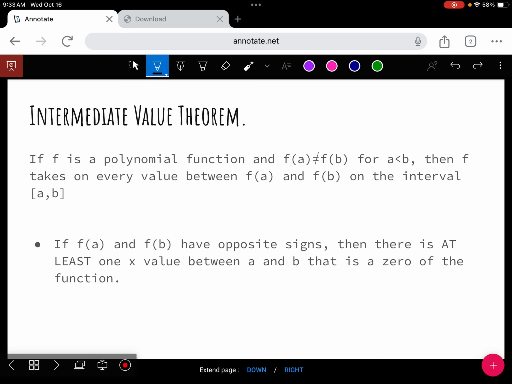And it's got a very wordy definition right here. So we've got f as a polynomial, and we know that f of a is not the same as f of b. They don't equal each other. What that means is that somewhere between a and b, it hits everything in between.